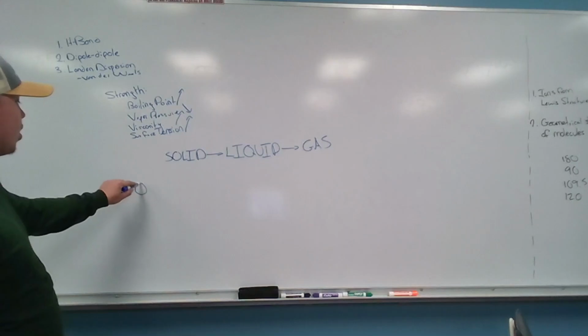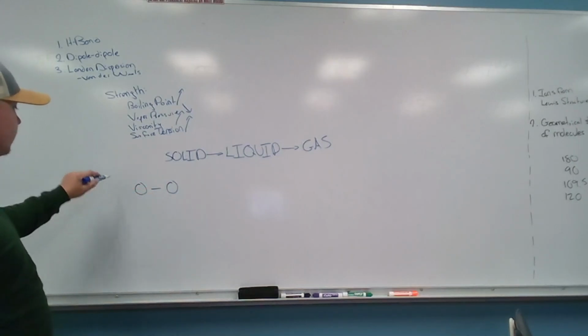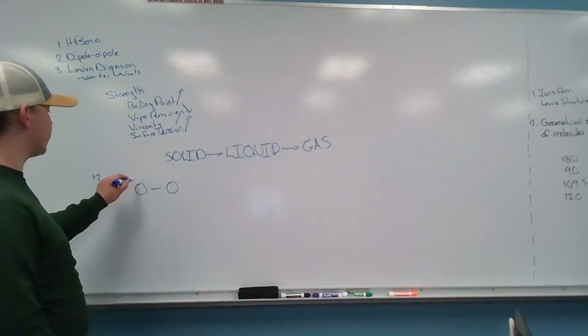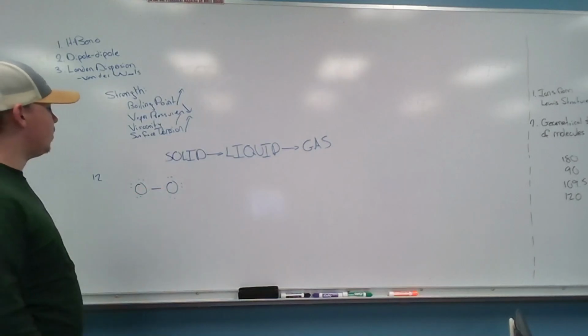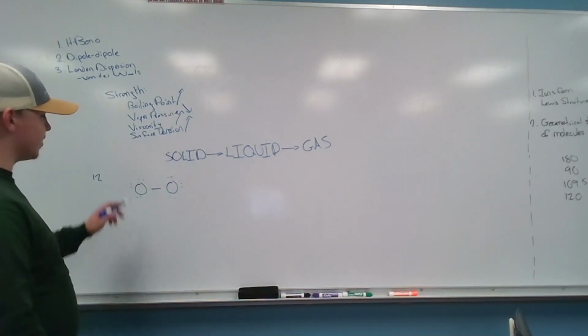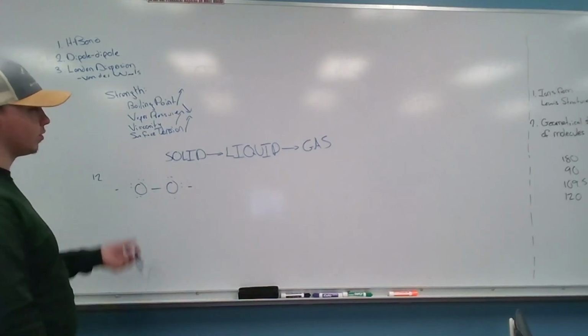So if you think about it, O to O, 6 to 6 is going to be 12. So between them, they're not going to hold together really well because there's no polar end. This end isn't polar and this end isn't polar either. They're both just what they are.